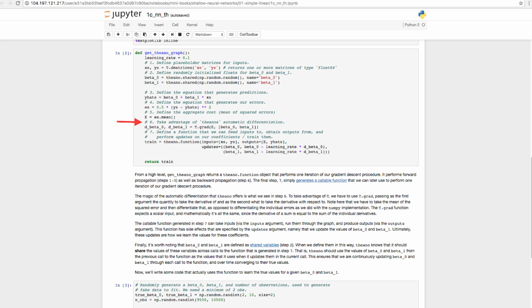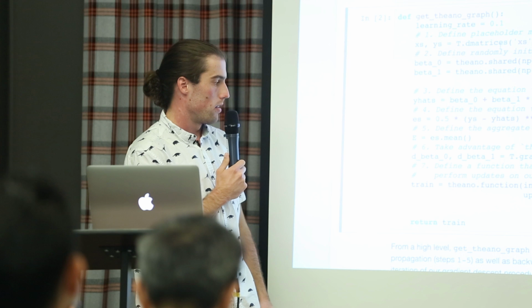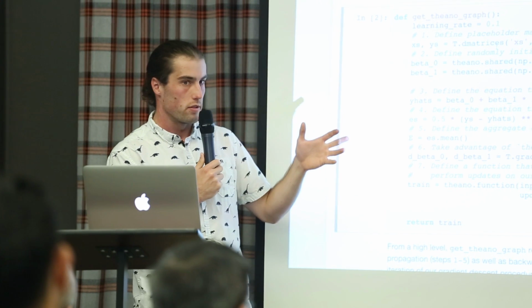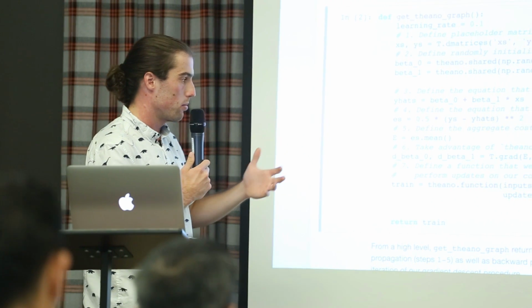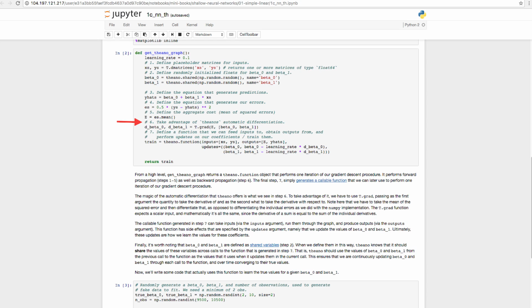So here we just have to say, all right, Theano, take the gradient of the error with respect to beta naught and beta 1, right? And then it'll just give me back out these derivatives. And then I have to use those derivatives later to perform an update step, and we'll get to that in just a second. But does this make sense? Good so far? Okay, cool.